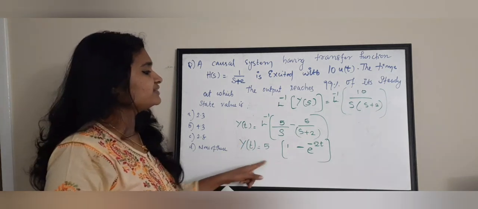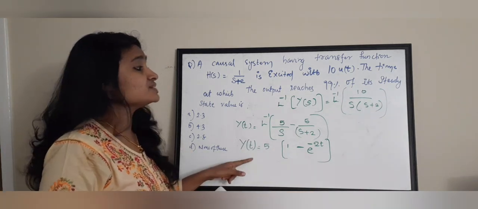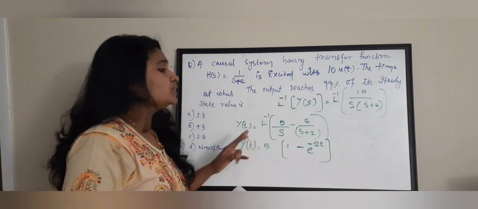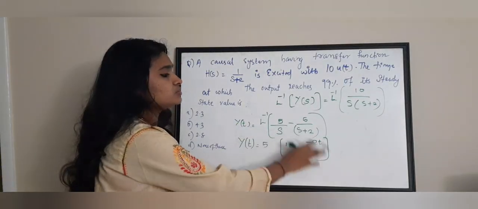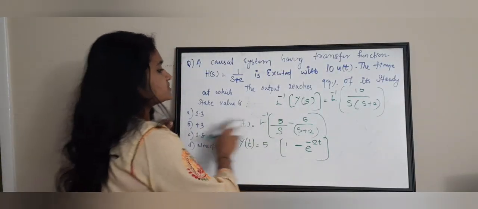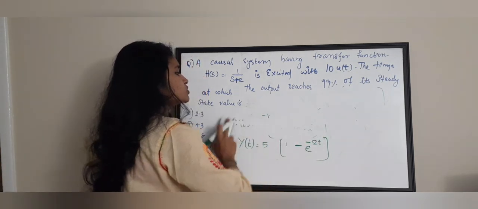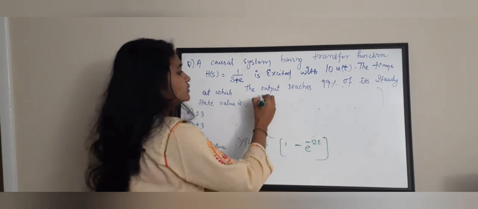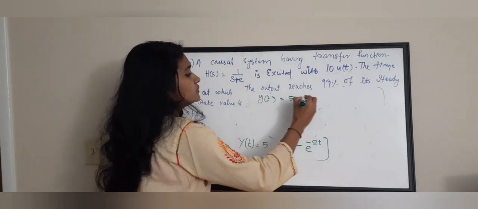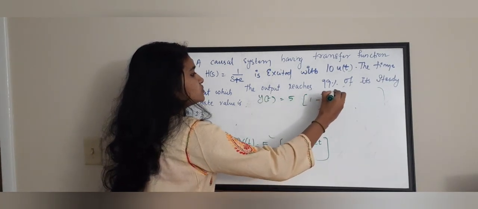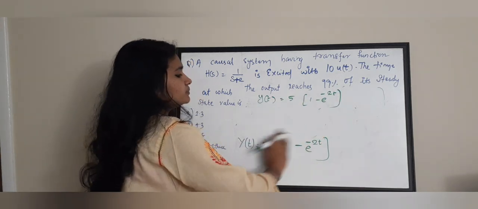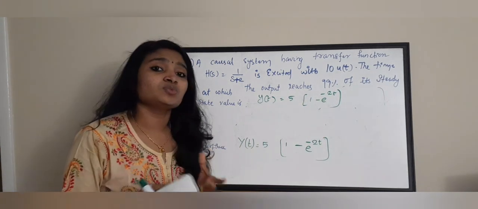Now we need to find the steady state value of this output function. That is your y(t) equal to 5 into 1 minus e raised to minus 2t. Okay, now at the steady state what will happen?